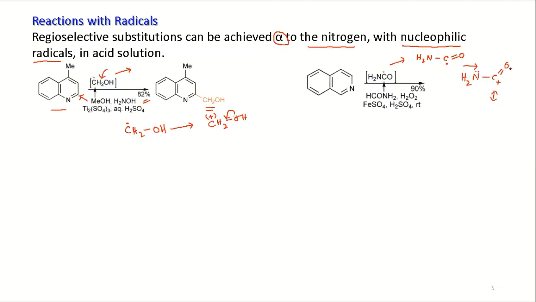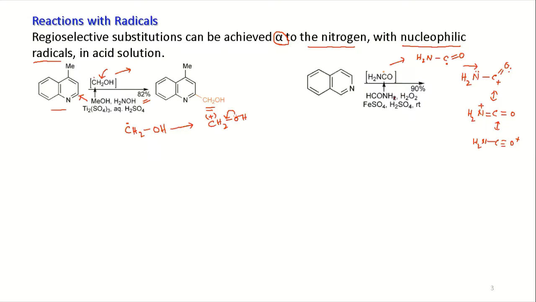You have a lone pair here, you have a lone pair here, so it can be stabilized. Or you can think of the C triple bond O NH2 form. So these are the stabilities of the cation you can assume. So this radical is also nucleophilic.